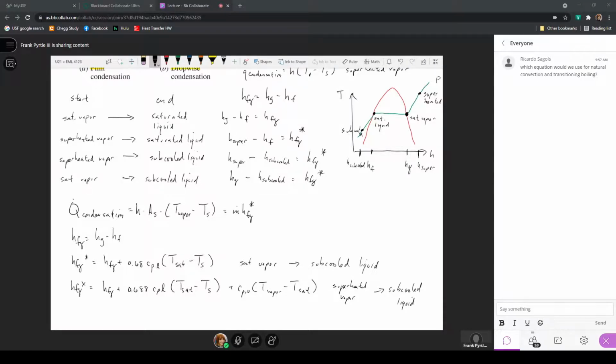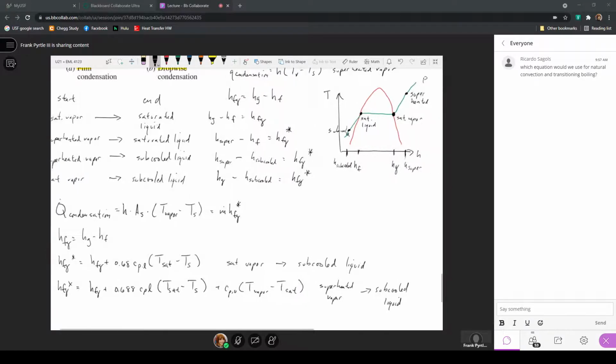Now notice when these two expressions, there's just an additional term when I'm going from superheated vapor to subcooled liquid. This term is C sub P of the vapor times the temperature of the vapor minus the saturation temperature. Remember, this is the saturation temperature here. It's the temperature at which the liquid and the vapor both exist. So I actually write that this is saturated vapor to saturated liquid for that very first expression.